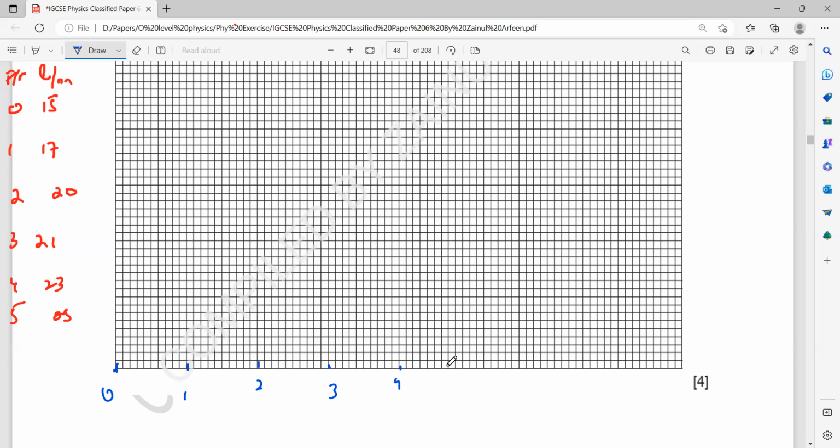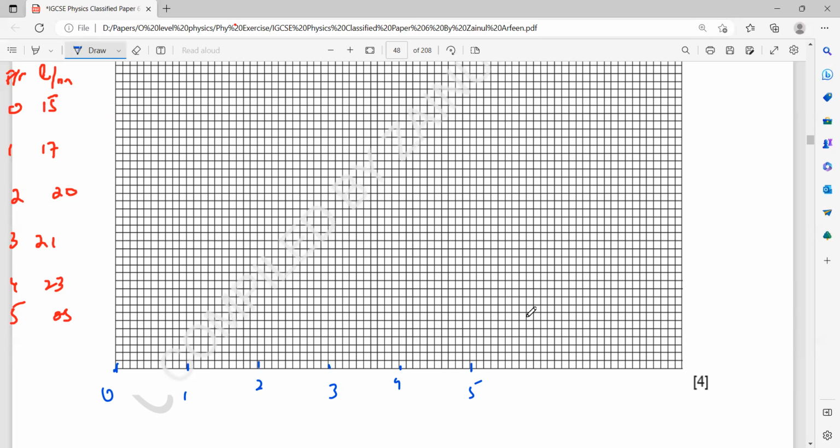So this is 4. This one appears to be 5. And I don't have the value after that, but I'm just checking if I take 20 boxes equals 1. So this will be 1, 2. It won't fit.